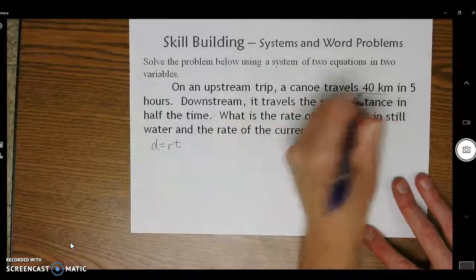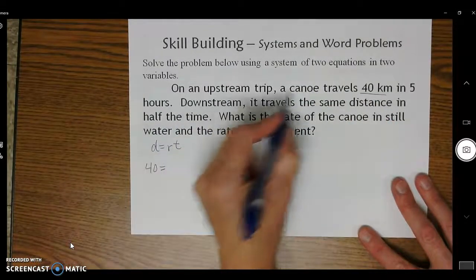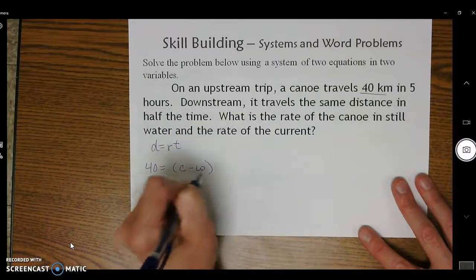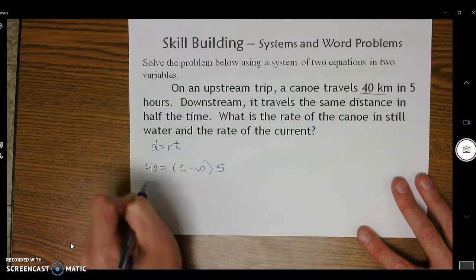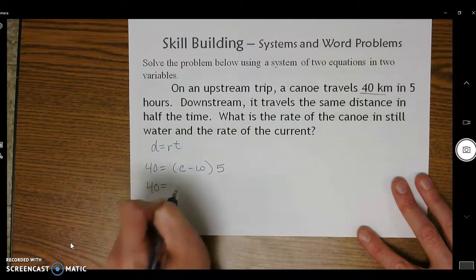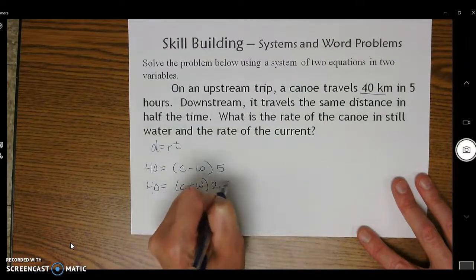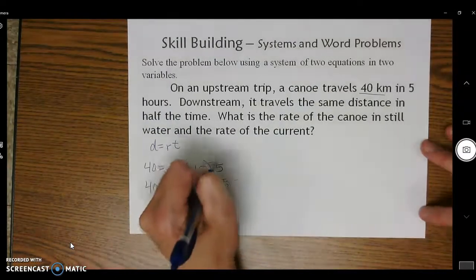So distance, 40 kilometers, equals rate, so canoe against water. Water's taking away from the canoe, that's 5 hours. And then 40 again, same distance, canoe with the water, goes in half the time, so that's 2.5, half of 5. All right, go ahead and distribute again.